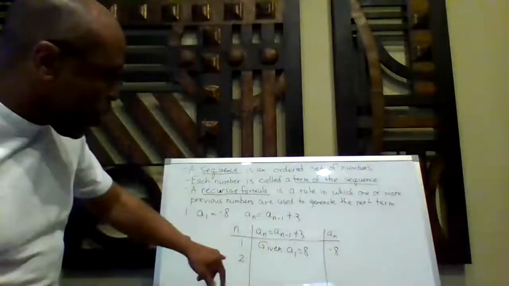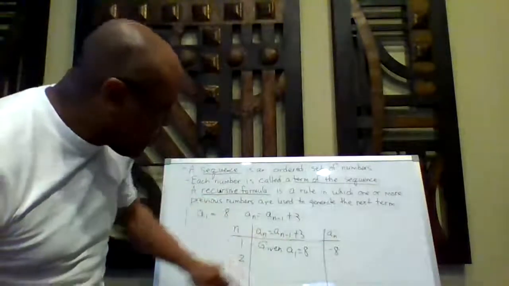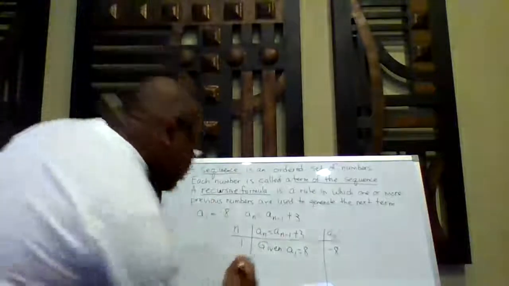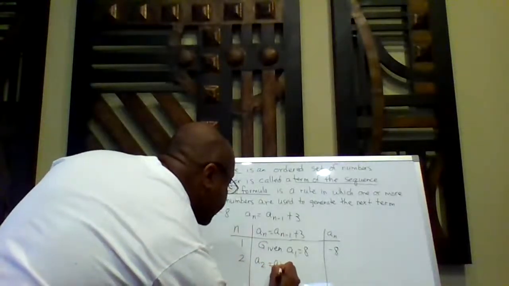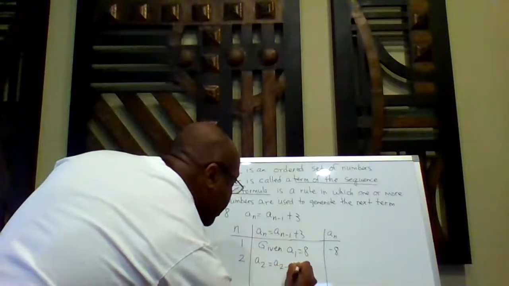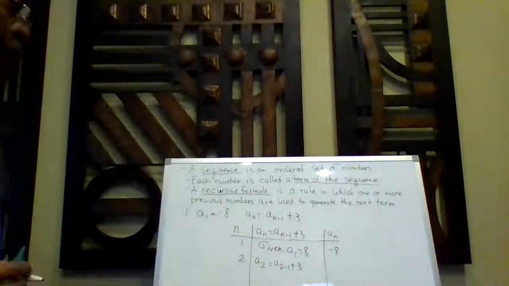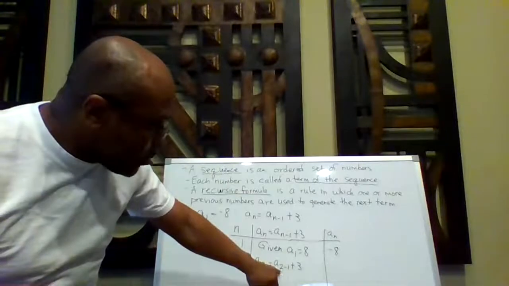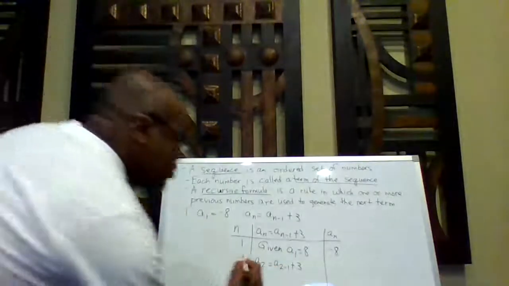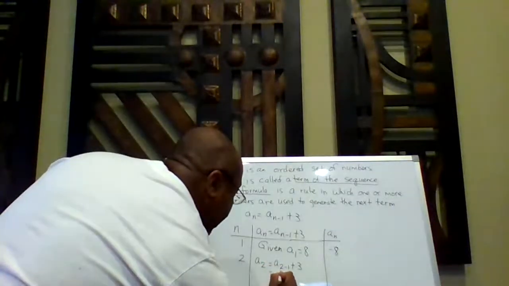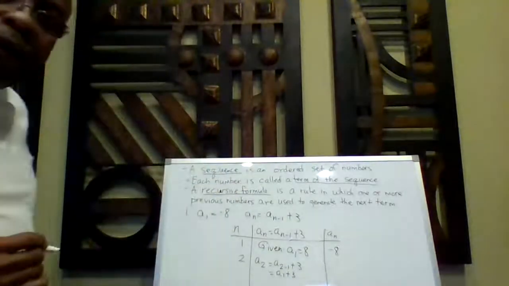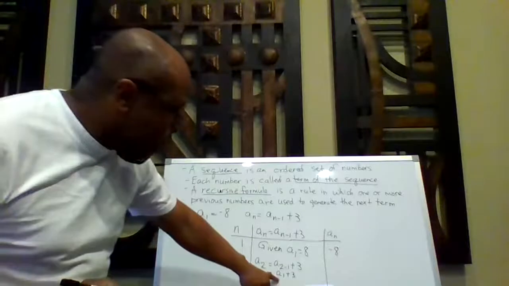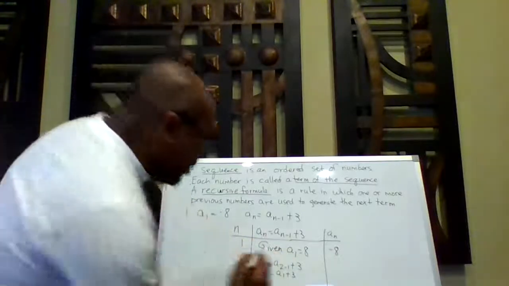So I'm going to replace all my n's with the number 2. So I have a sub 2 equals a sub 2 minus 1 plus 3. Now we all know that 2 minus 1 is 1. So now I'm looking at a sub 1 plus 3. Now a sub 1 is given to be -8.